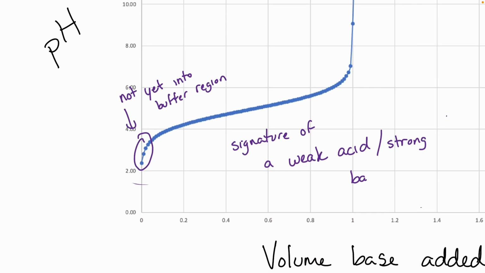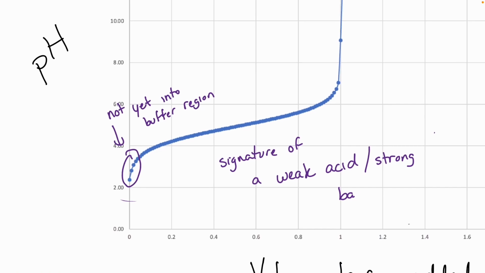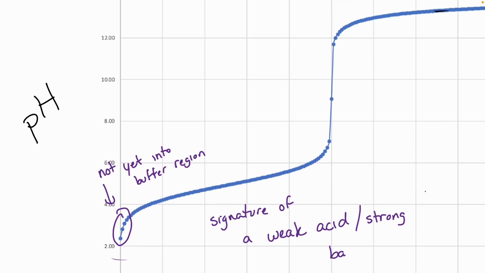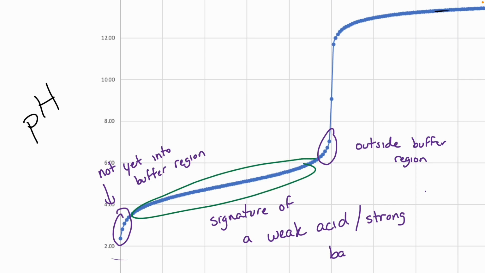So I'm not quite there yet here. Right? That's also why at the very end I see a very steep increase before I get to my equivalence point, because now I'm outside that buffer region. But then in the middle here, we're in that buffer region. It's much more gentle of a slope, much closer to horizontal. So that's my buffer region in the middle.